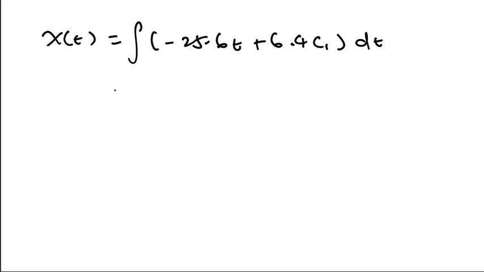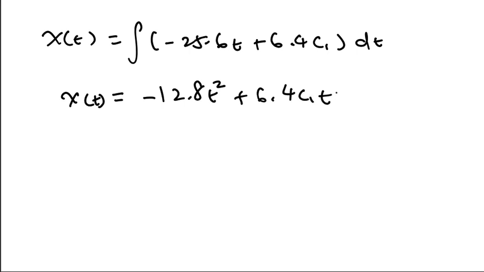Then when you solve it, x(t) becomes minus 12.8 t square plus 6.4 C1 t plus another constant C2. Sorry, this is not equation 7, this is actually equation 8.